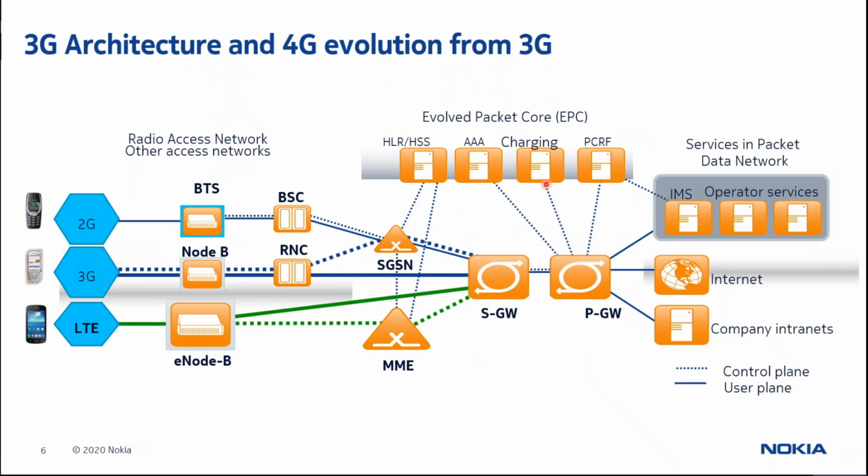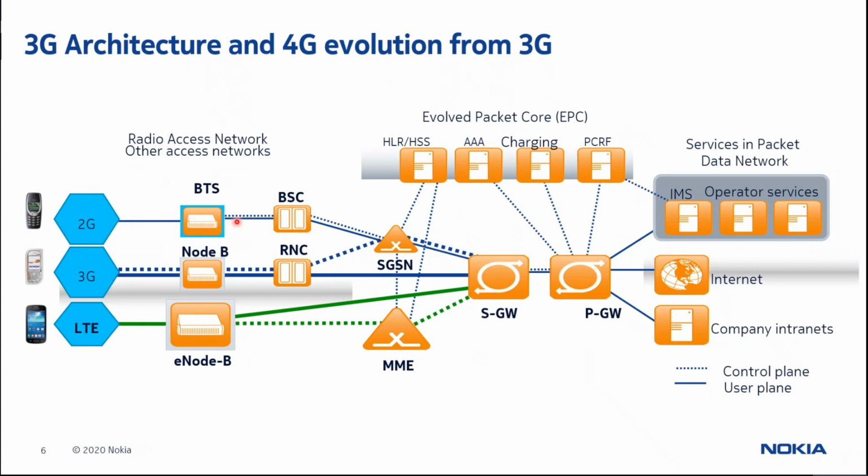These control plane related interfaces do not carry the user data or the user voice. The user data or the user voice is rather carried through the user plane. So when a mobile phone user is conversing with the other phone user, the path will look something like this.